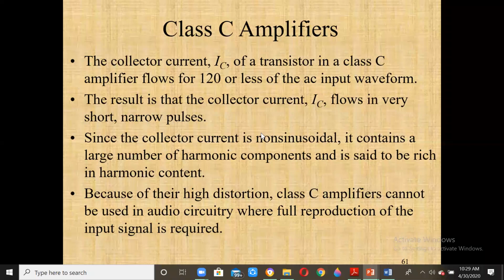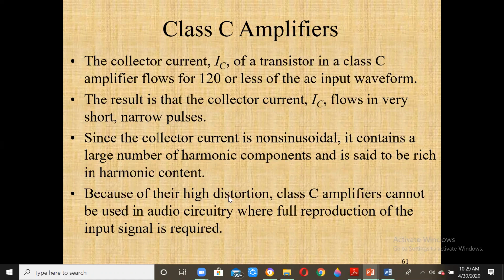Since the collector current is non-sinusoidal, with very small, narrow pulses, by the Fourier series a non-sinusoidal signal can be broken down into the DC value, the fundamental frequency and its harmonics. So it contains a large number of harmonic components, and these harmonic components should be filtered out.